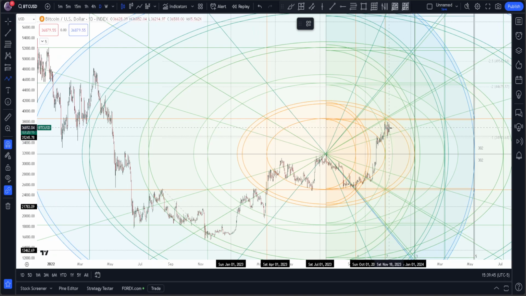We have just put on, we have cleared into this 1, and it seems to have not only cleared it but come back to it, possibly using it for support, possibly using this fan arc as support. General targets for the next level up on the market maker standard deviation extensions would be the 2 to 2.5.